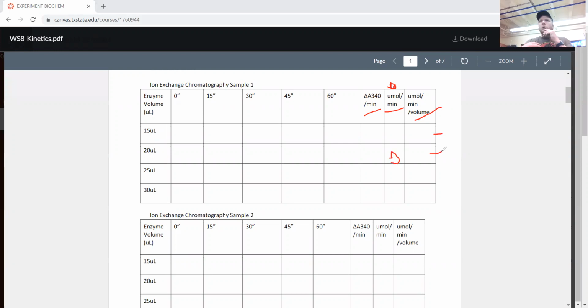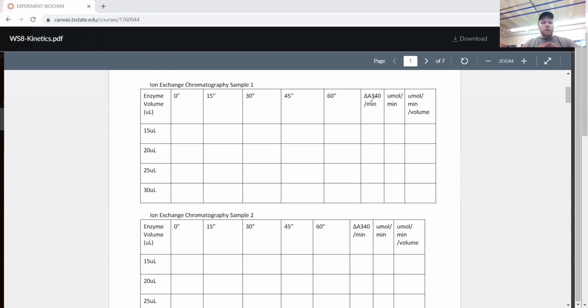The idea is you want to figure out which volume gives you the most activity per unit volume. So we're coming up with a ratio of units per microliter. Do you need 15 microliters of your enzyme added to each sample, or do you need 30 microliters? That's what part A is there to determine.